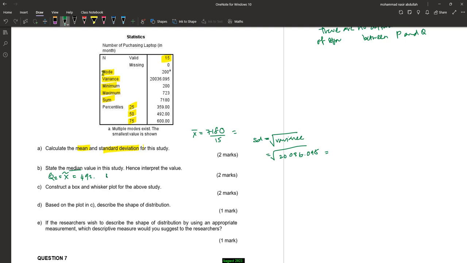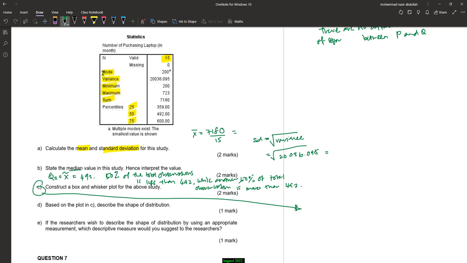So we can say that 50% of the total observations are less than 492, while the other 50% of the total observations are more than 492.